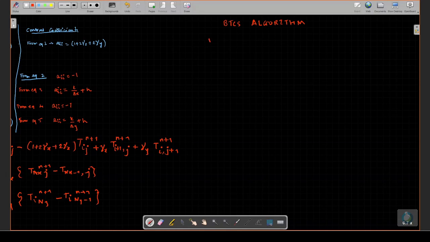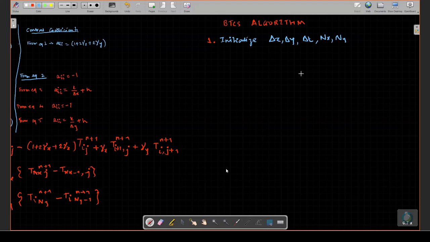Number one, we have to initialize all the values. What are the needed things, like delta x, delta y, delta t. These need to be calculated, and we know how to calculate these values. What are your nx and ny, that has to be initialized.